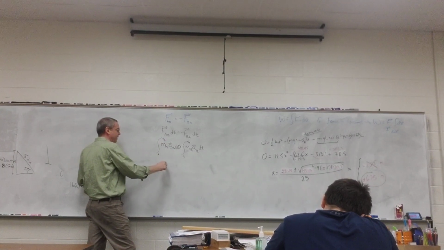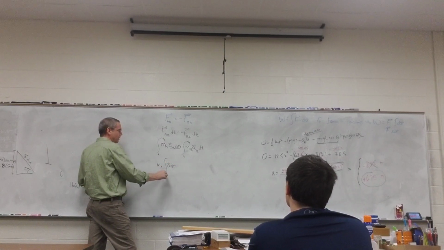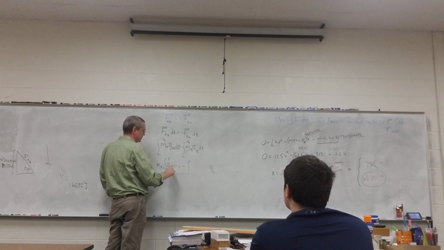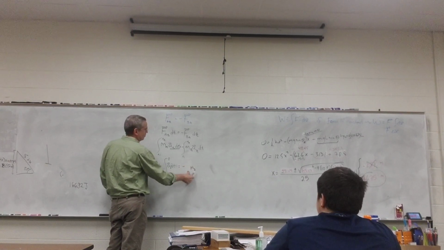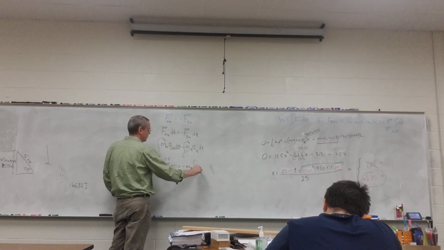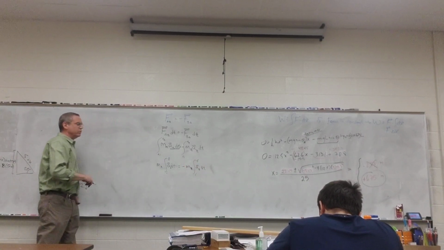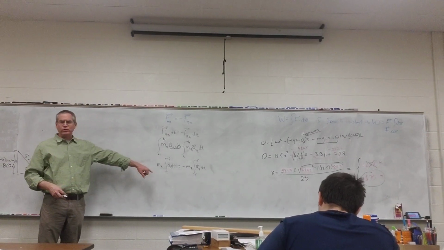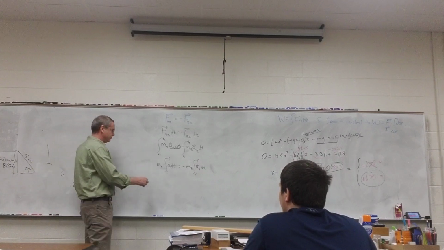So I have mass of A times the integral of a_A dt from some initial to final time is equal to negative mass of B times the integral of a_B dt from some initial to final. So what is the integral of a dt? Velocity. And so if we take velocity from the initial to final, that will be final velocity minus initial velocity.